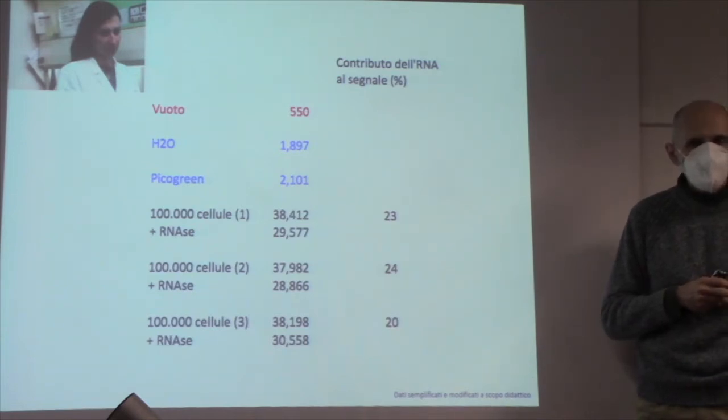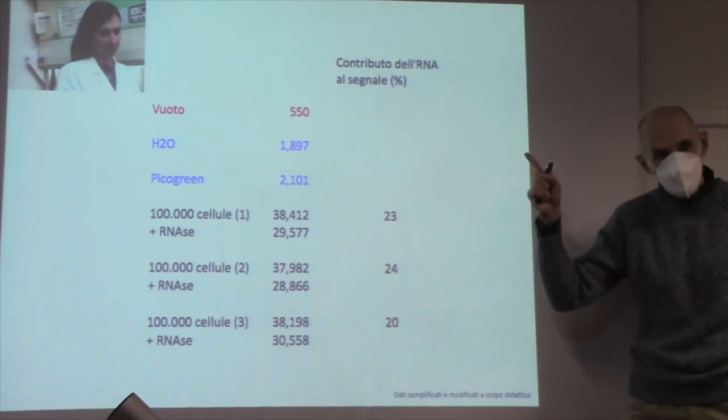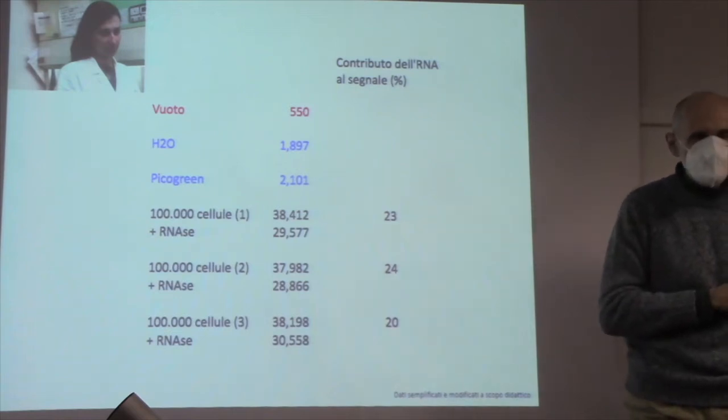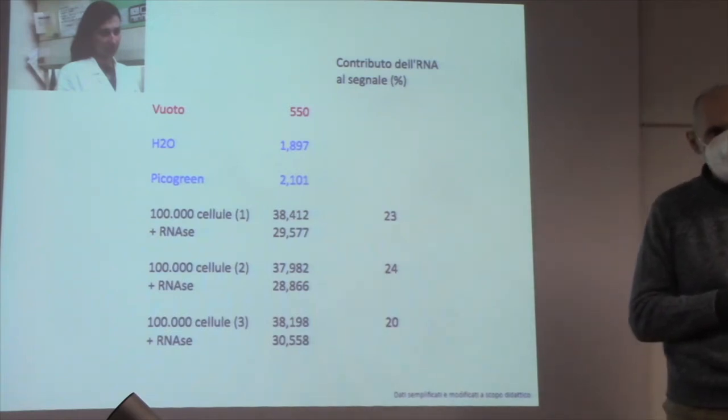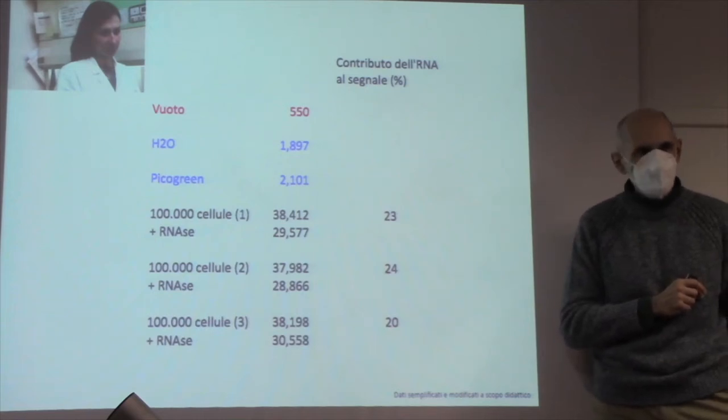You have to take a different strategy. We extract the DNA. We don't want to extract DNA for the reasons I've explained in the beginning. No, because when you extract DNA, you basically disrupt the whole thing.